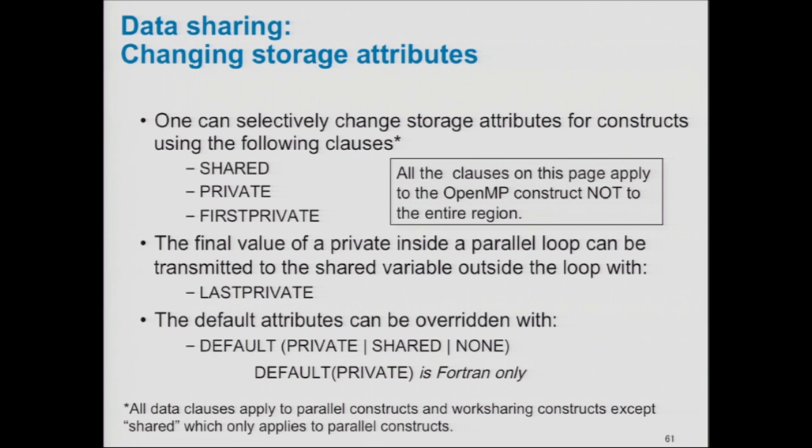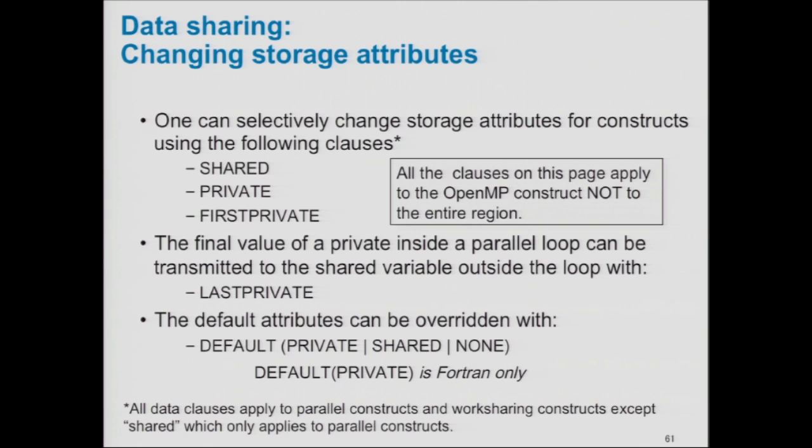If we want to save the value from the last iteration of a loop, we can declare a variable to be lastprivate. So it's still private, but we get to have that last value transmitted back to the outer shared scope.